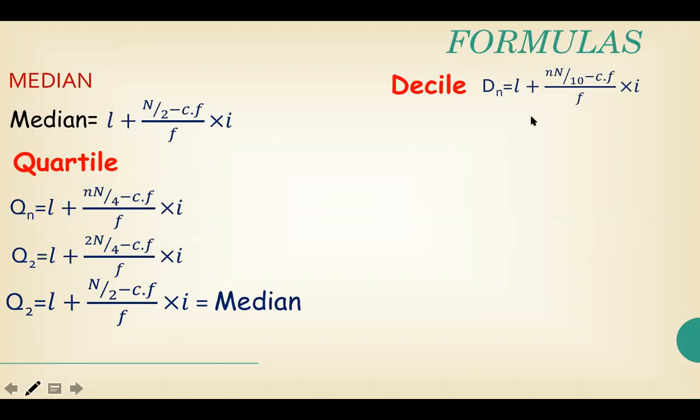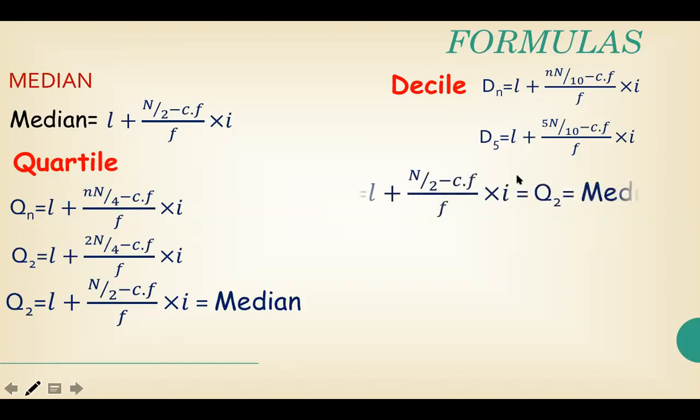Suppose I have to find the fifth decile in the data set, I give the value of n as 5. Now when we simplify this formula, it becomes the formula of the median. So this means that the fifth decile is also the midpoint of the data set. That means the fifth decile is equal to the second quartile, which is equal to the median.